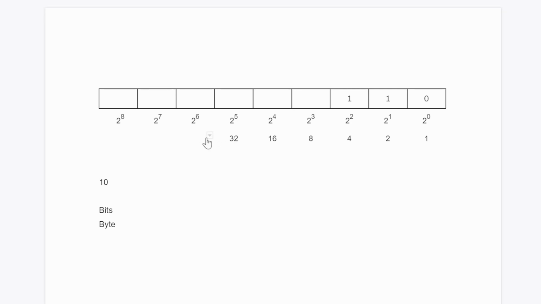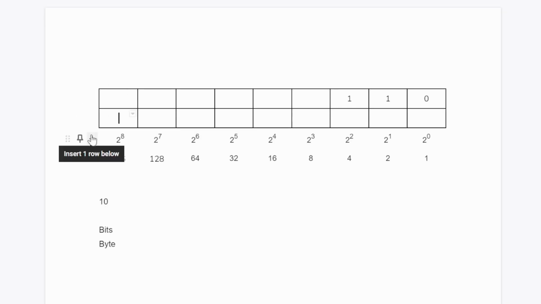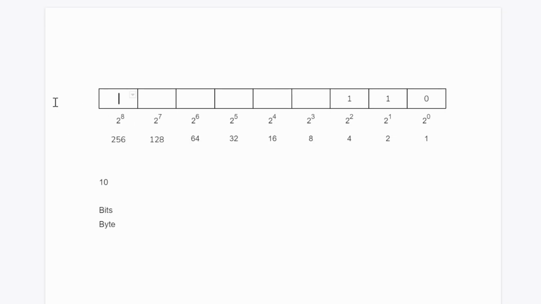And here you can count up to 64, and then 128, and then 256. And so 1 byte of data is capable of counting up to 256. That means the computer can store any number smaller than 256. But if you have a bigger number, it'll run out of space, and so it won't be able to store that number anymore.